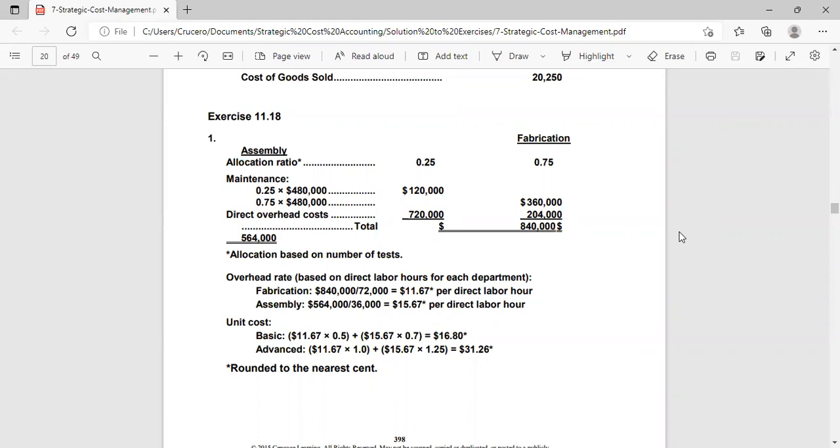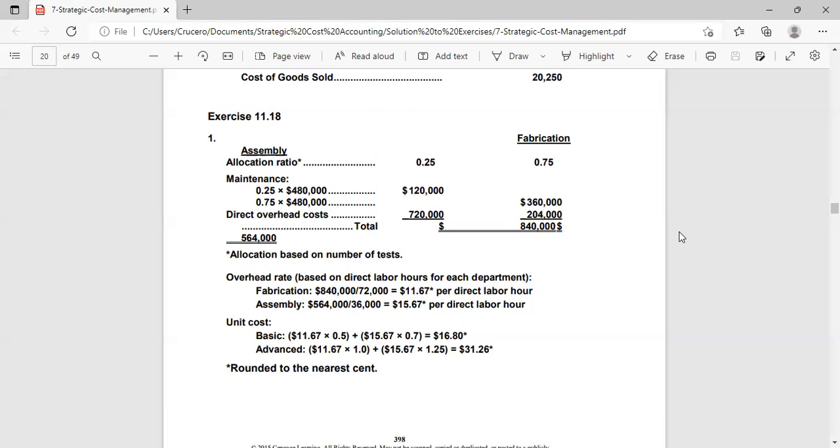And the unit cost, the basic is 11.67 times 0.5. In the fabrication department, the basic model requires 0.5 hour of direct labor, and the advanced model requires 1 hour.